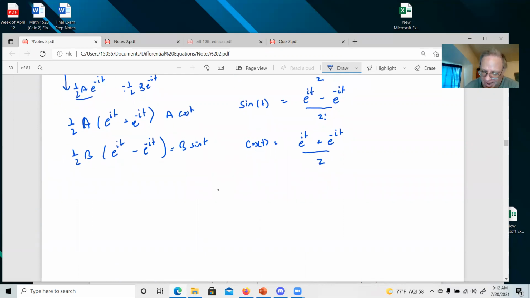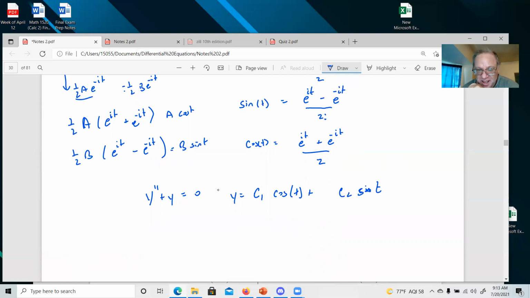So my answer to this, y double prime plus y is equal to 0, after doing all of this, and this is something you're just going to have to know once you've gone through the derivation once, is that the guess for this is that we have a C1 cosine t plus a C2 sine t.